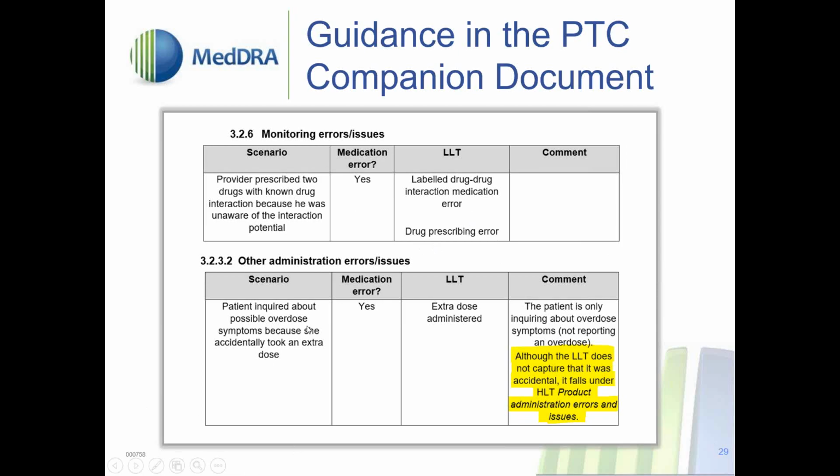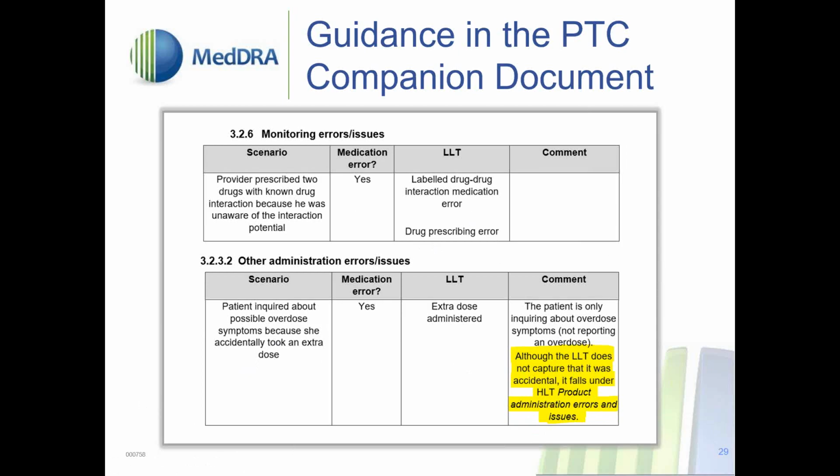Patient inquired about possible overdose symptoms because she accidentally took an extra dose. So this would be coded to extra dose administered. And we are told, although the LLT does not capture that it was accidental, it falls under HLT product administration errors and issues, and this is obviously considered sufficient for assignment of this code.